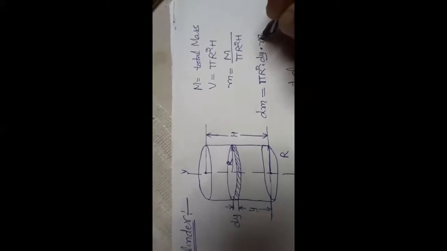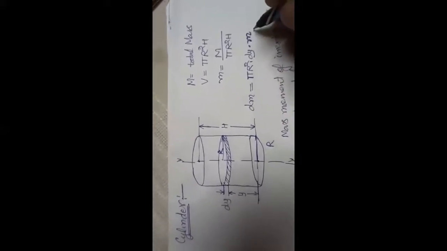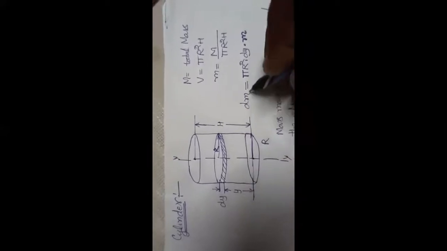Now calculate dm. So dm is equal to the volume of the disk. The volume of the disk will be equal to pi r square, which is the area, and dy is the thickness. This is the volume of the disk multiplied by the mass per unit volume. So this will be the mass of the elemental disk.